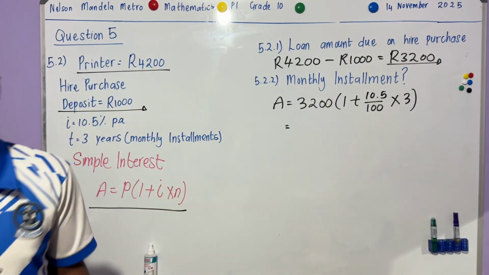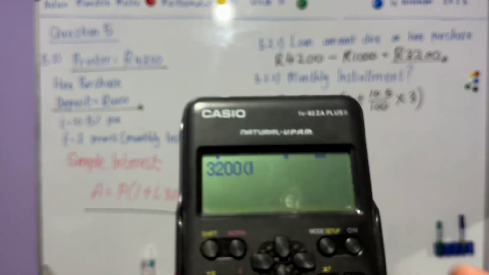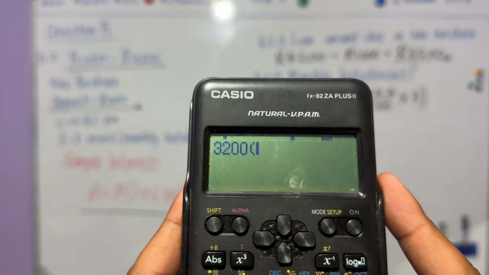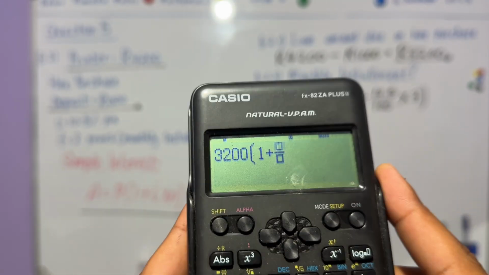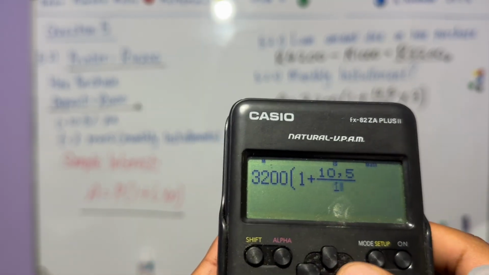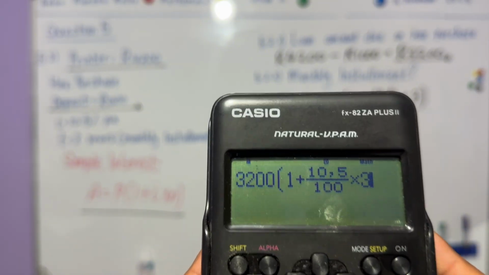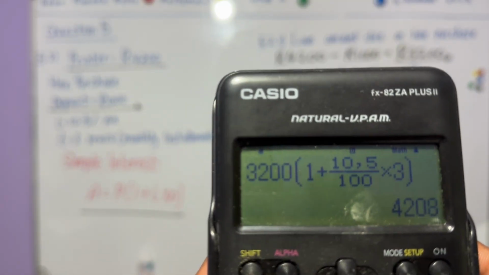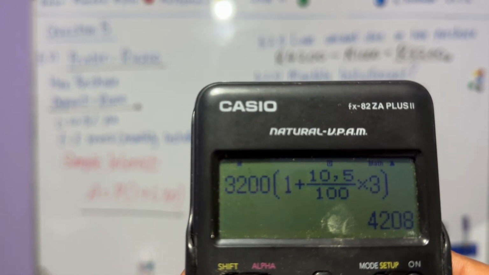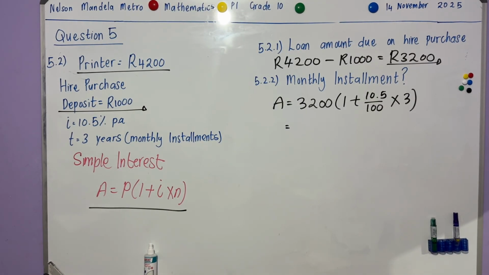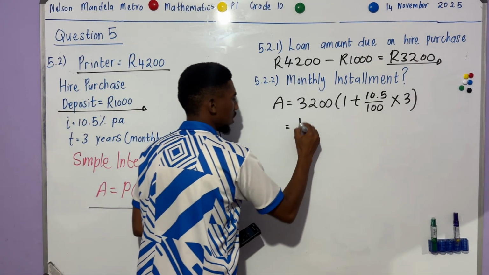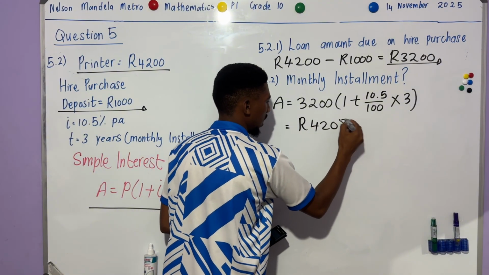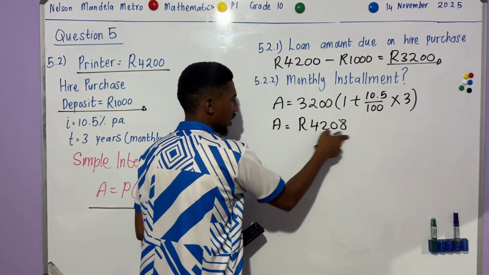3,200, we have it over here, 3,200 brackets 1 plus brackets 10.5 over 100, multiply that by 3, close the brackets, and we get 4,208. That is the amount we have to pay back now.